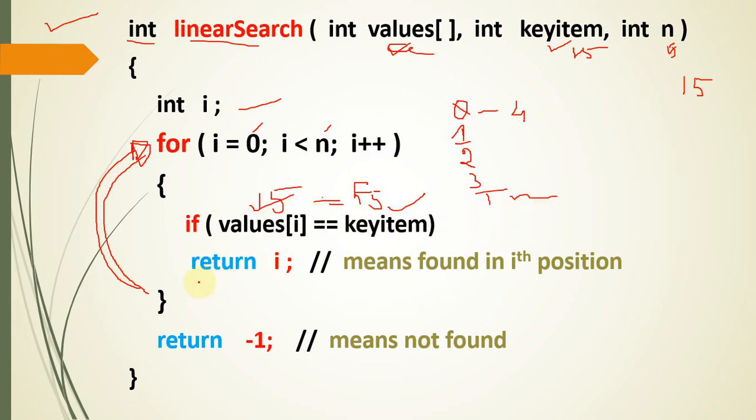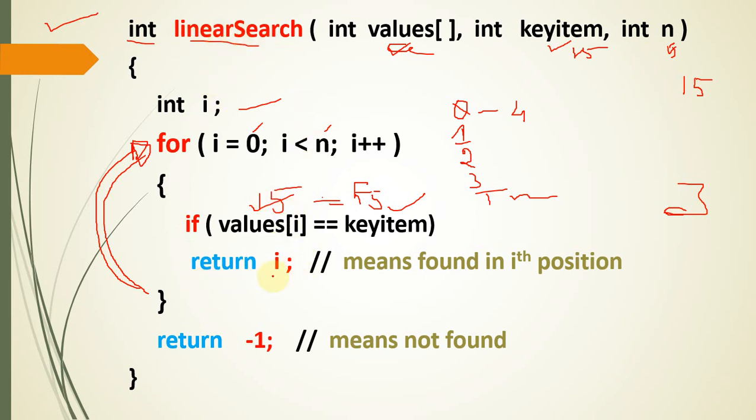If true, return i, means return 3 as the index value of the item. So now it will be stopped. There are no more iterations or execution of anything here.